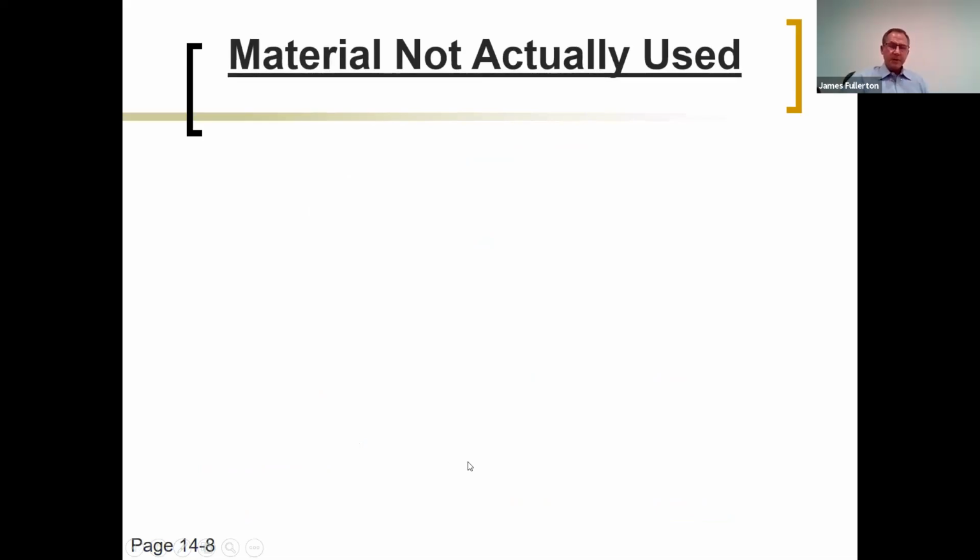What about material not actually used on the project? This is a big difference between mechanics lien rights and payment bond rights, and it's one of the reasons that a material supplier would prefer to have payment bond rights. You don't have mechanics lien rights unless and until your materials are actually attached to the real estate.